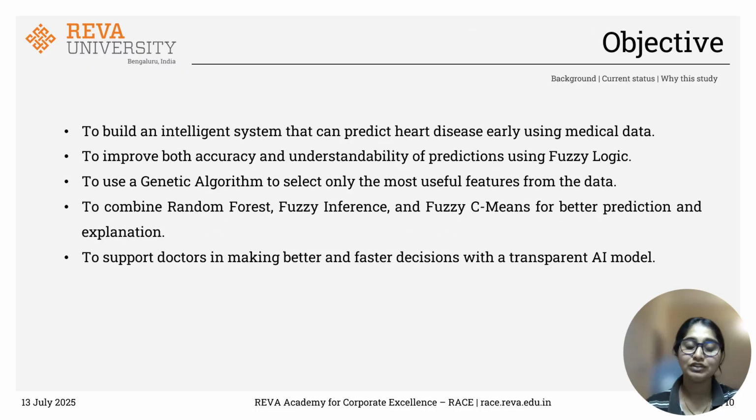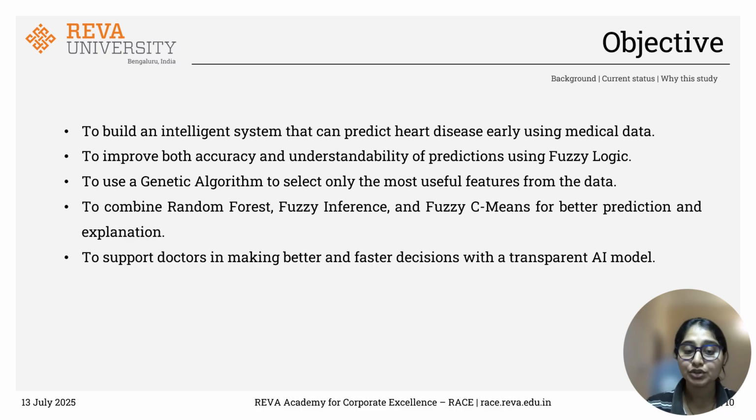Slide 4, that is the objective. The objectives of this study are, firstly, to build an intelligent system that predicts heart disease early using patient medical data. Secondly, to improve both accuracy and understandability of prediction using fuzzy logic.